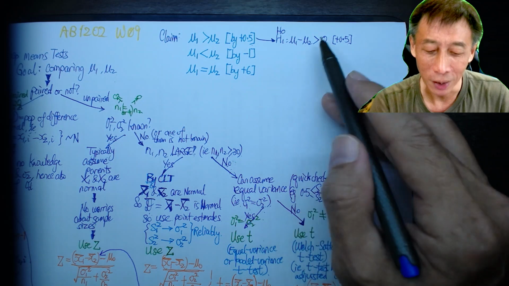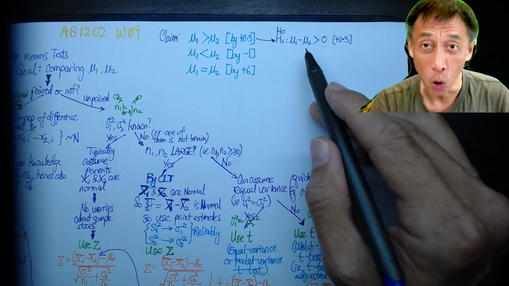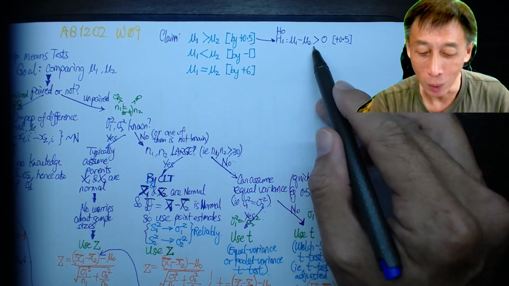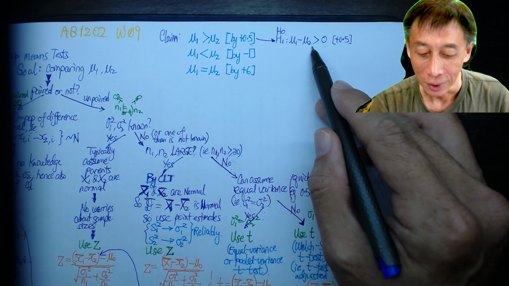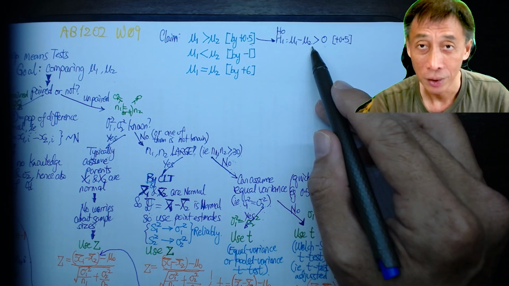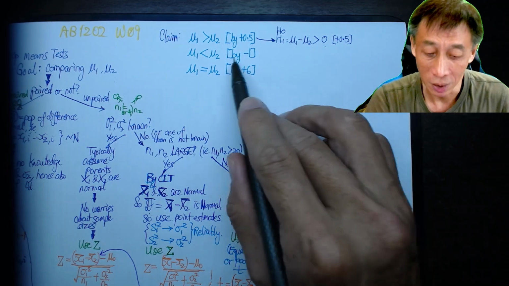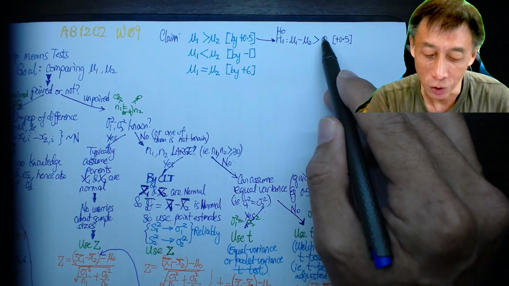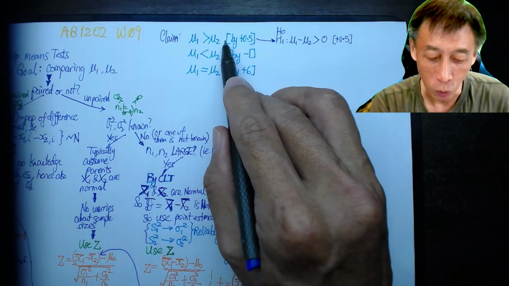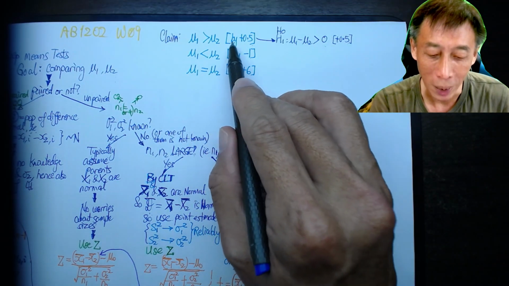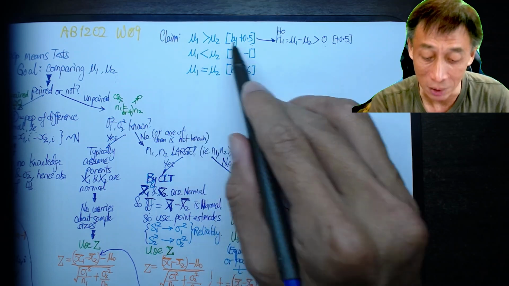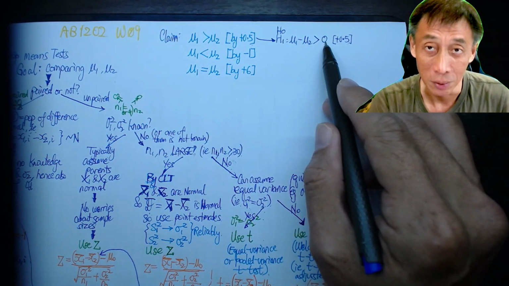The only advantage, if at all, of writing mu2 minus mu1 is really nothing much. Maybe you just want to show the teacher that, hey, this is greater, but then I changed to less than. Because when you move this over, you have to write mu2 minus mu1 less than 0. So this part becomes less than 0.